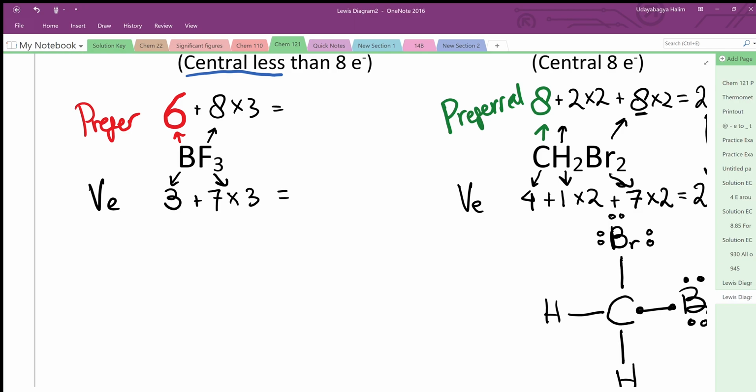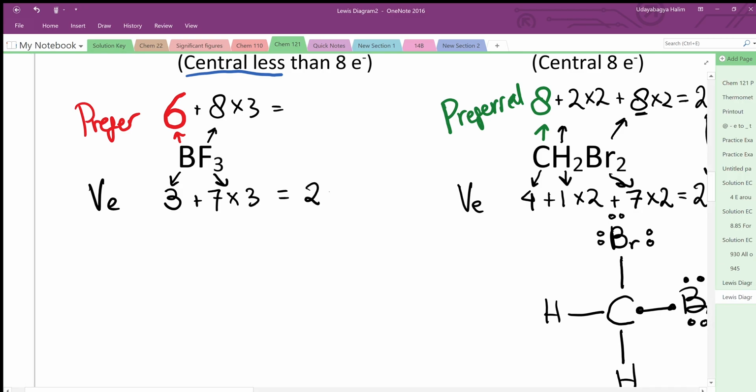Yep, that looks right. I couldn't see the dots there, so it's hard to see. Anybody else want to share their answer with me?